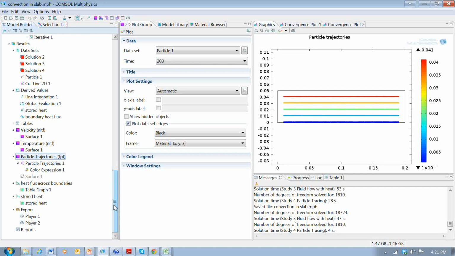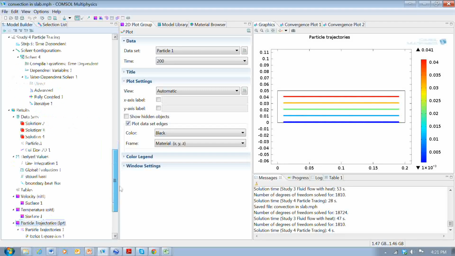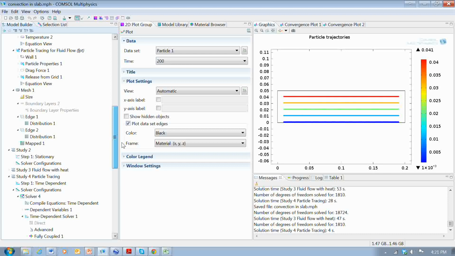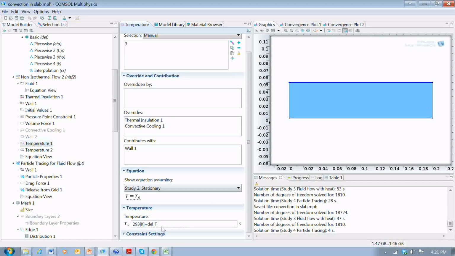Okay, so let's see. Let's go ahead and change this. I'm just going to change the boundary condition. So we're going to heat it by the same amount, 1 degree. So del T is just going to be added to the lower boundary condition now.